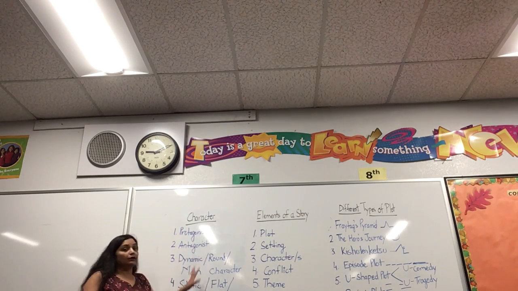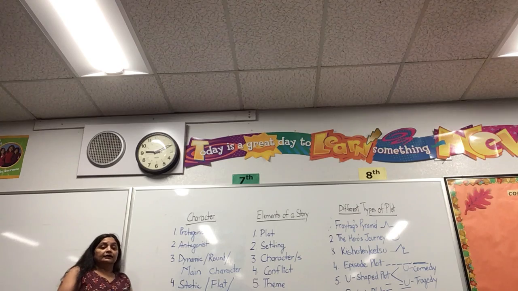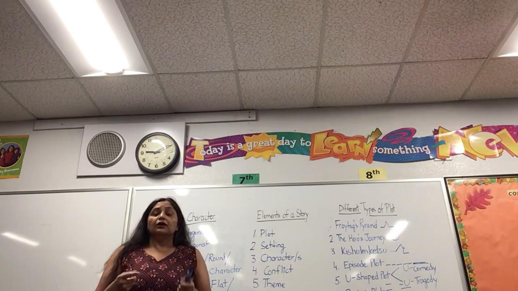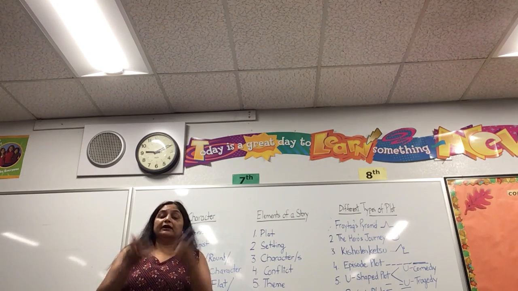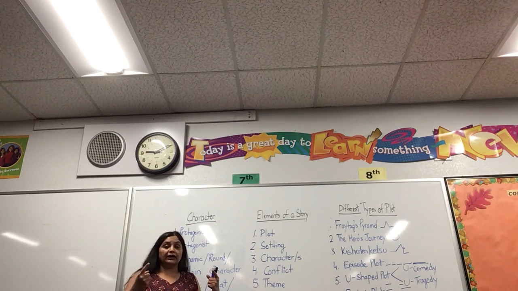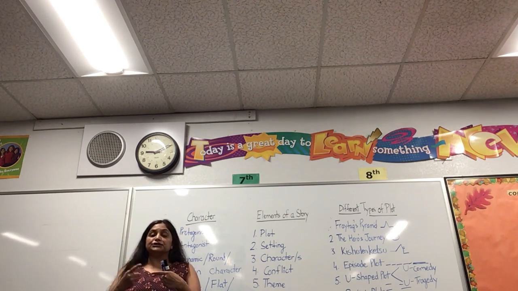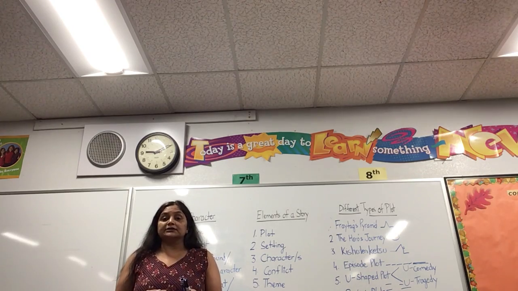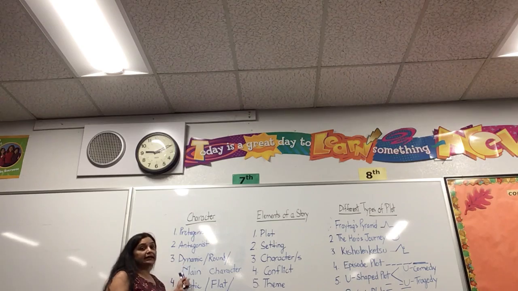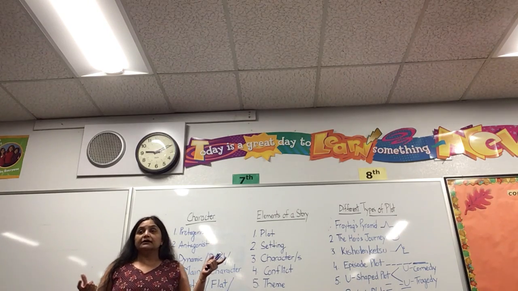Okay, now after this, the characters also develop as the story develops, okay? Keep that in mind. The character changes, okay? And when we read our short stories, I will talk to you guys about that. Also, there are certain character traits, right?